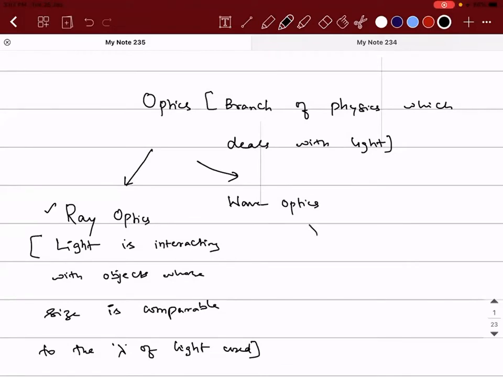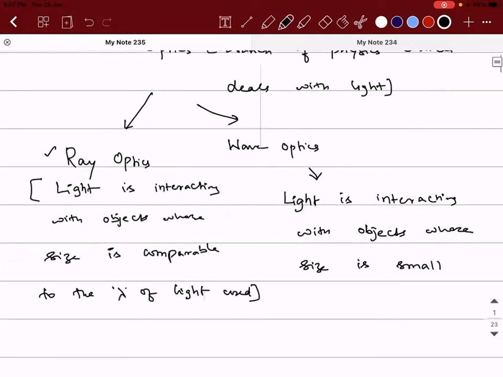Similarly, when you talk about wave optics, it is a place where light is interacting with objects whose size is small compared to wavelength of light used.